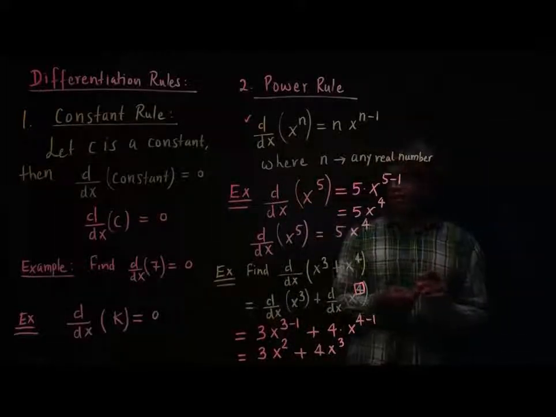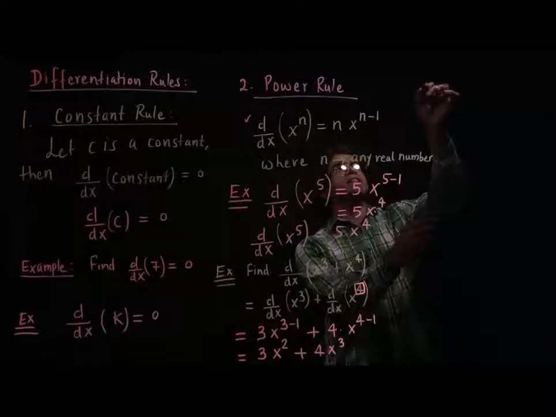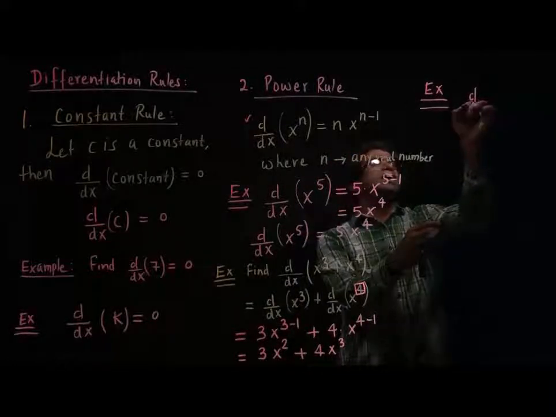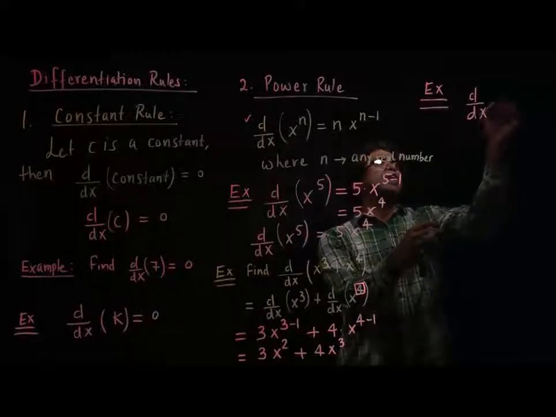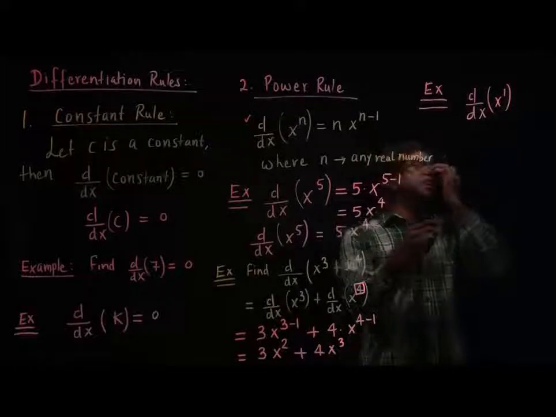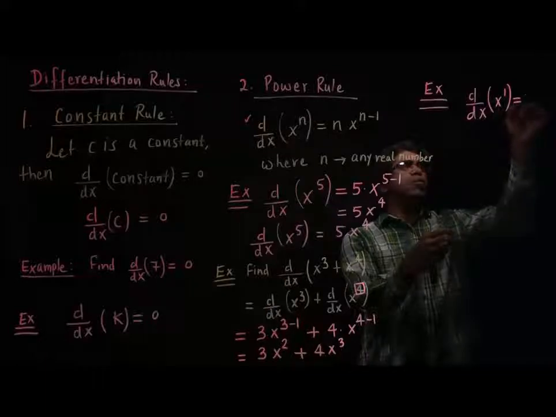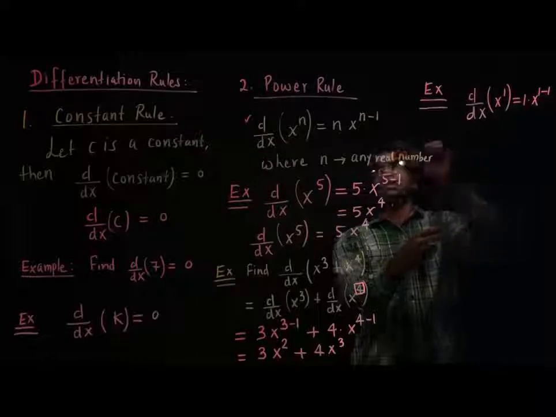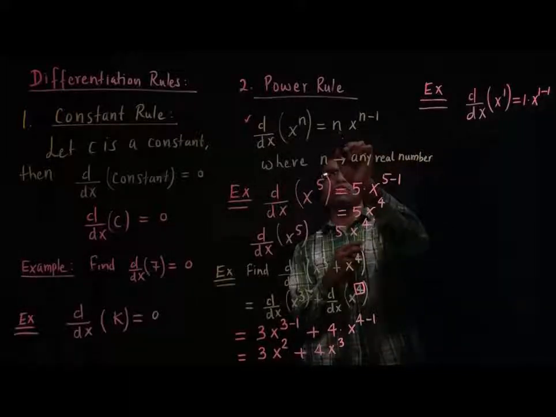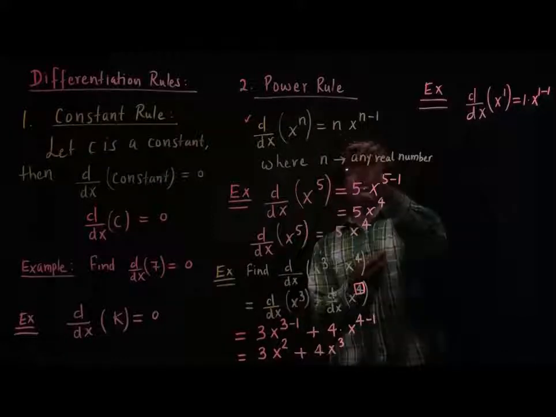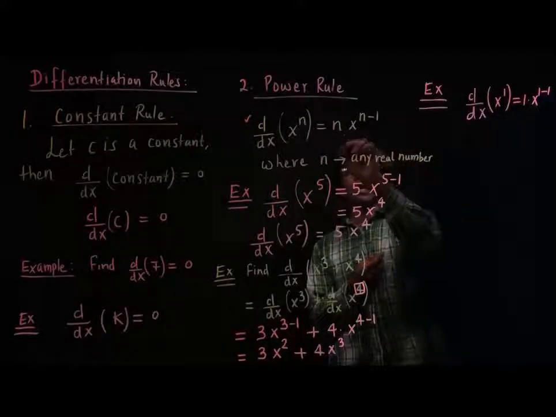Now let's consider another example. So my next example is, let's find dy dx of x to the power 1. What will be the differentiation? So my n is 1, so I will write 1 times x to the power 1 minus 1, because my rule for the differentiation of the power rule is n x to the power n minus 1, and my n is 1.